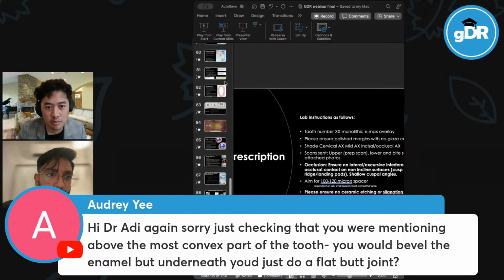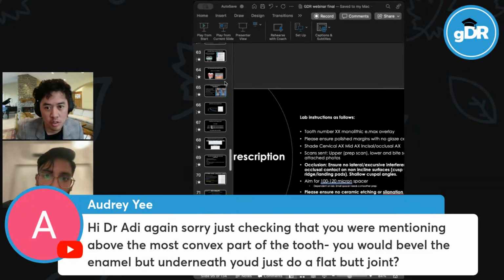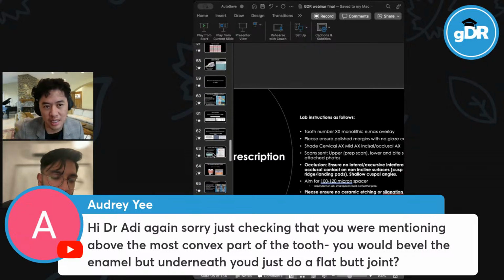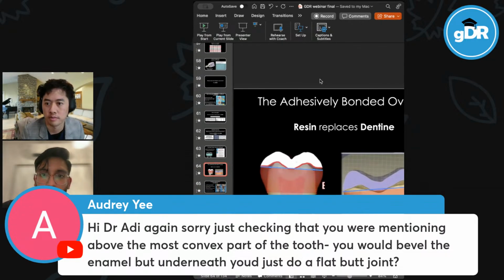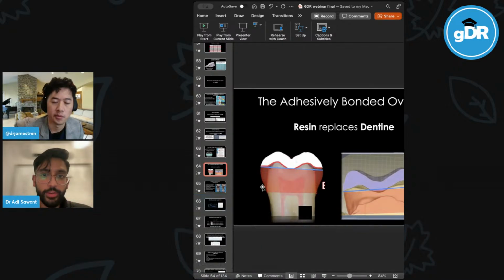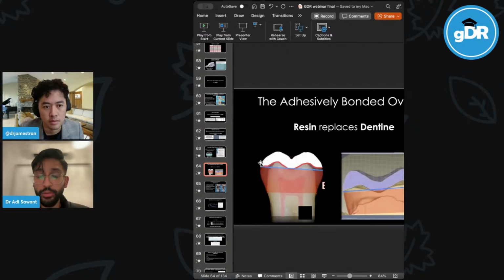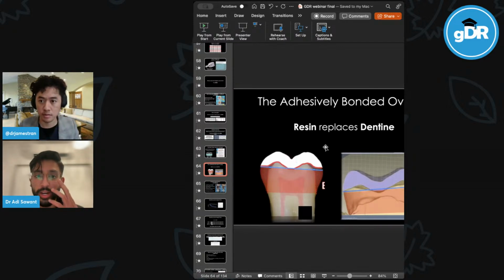Just checking, you're mentioning the most convex part of the tooth. Yep. You bevel the enamel, but underneath you just do a flat butt joint. Yeah, pretty much. So if you look at the picture on the screen here, this is probably the maximum convexity of the tooth. Above, I would bevel. And that's because the surface area of the prisms exposed is going to be better.